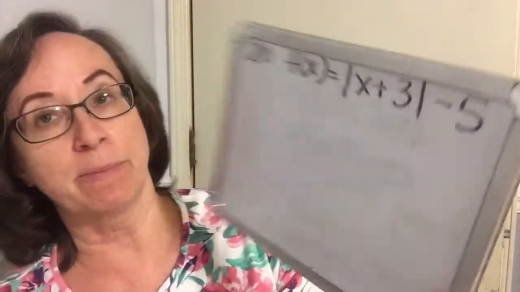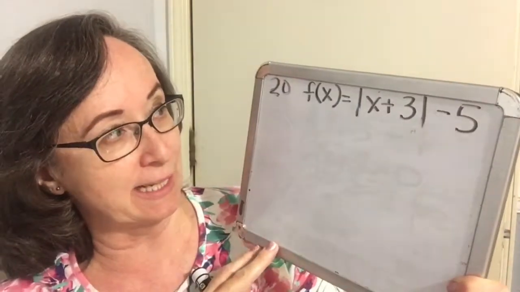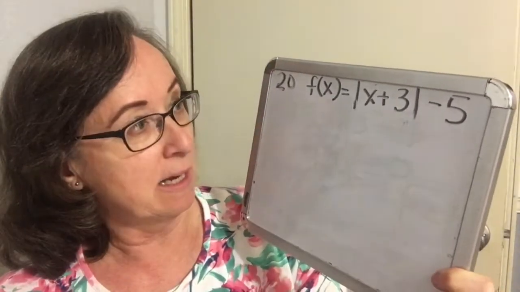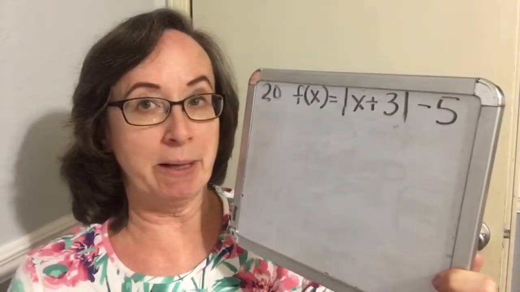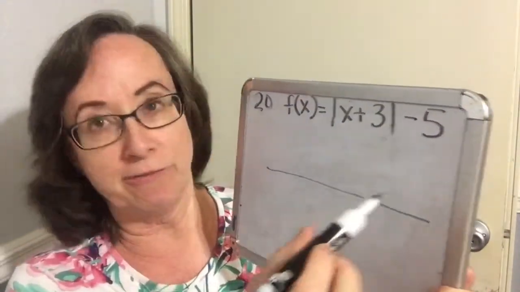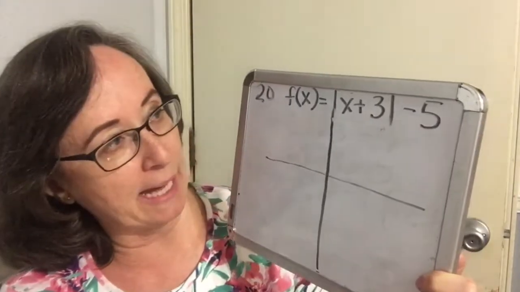So, the first one that I have here for you is number 20, and we're supposed to talk about where this function is increasing, decreasing, or constant, okay? And if we remember our functions, we know that all absolute value functions are going to be V-shapes, okay?